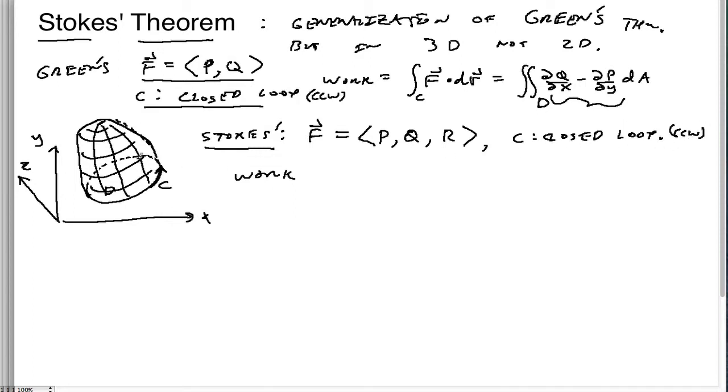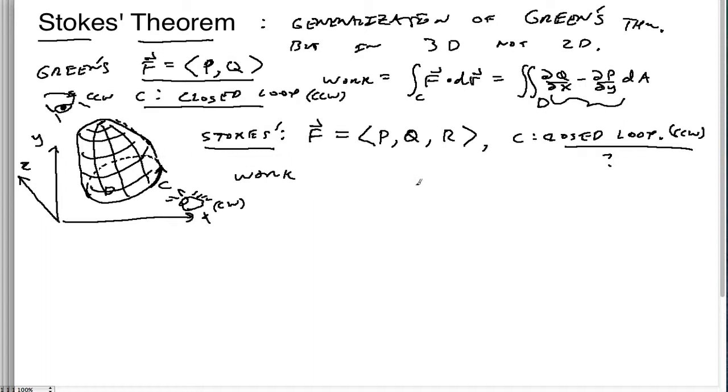But what do we mean by counterclockwise now in 3D? Because of course if my eyeball is down here, there's my eyelashes there, if I'm looking up on that, this would be clockwise. But if I'm looking down on it here, there's my eyeball, it looks counterclockwise, like we want.